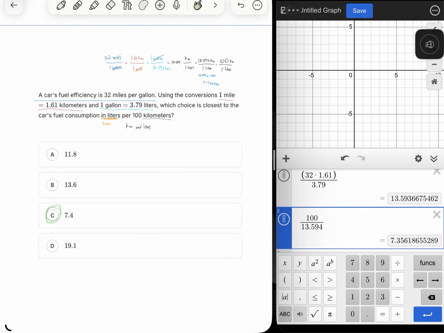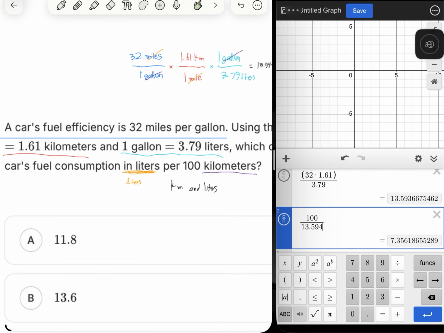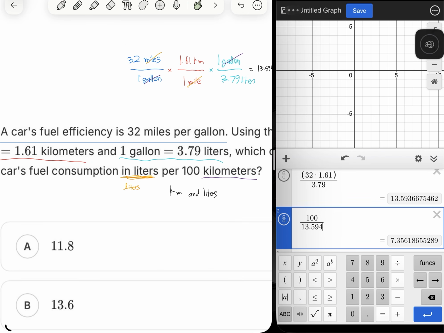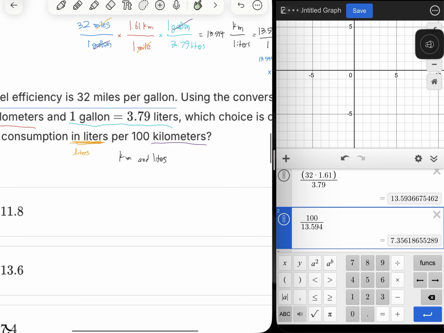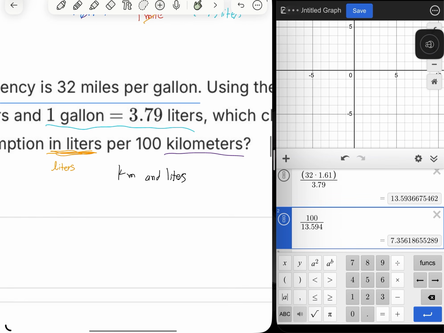So the key thing for these unit conversion problems is, the first step is to look at what they give you at the start and what they give you at the end. For the starting phrase, convert that into a ratio. For the ending phrase, look at the units that they're asking for. In this case, they're asking for liters, and there's also kilometers involved. That gives you a goal to work towards.